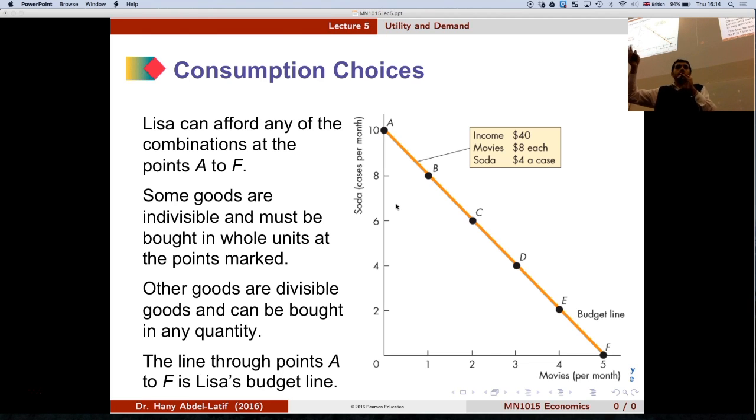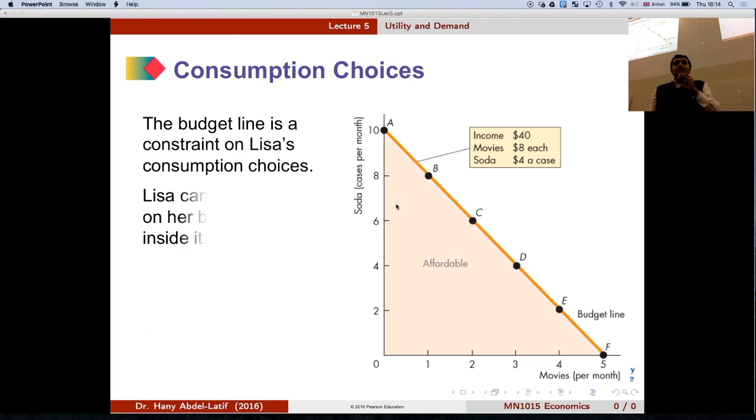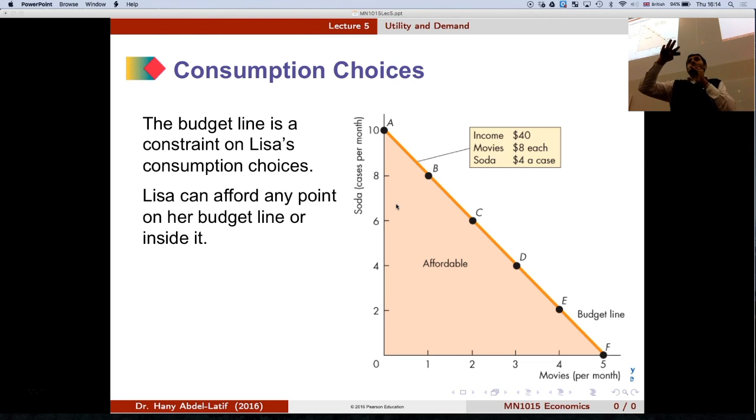So A, B, C, D, E, F, any point on that line will cost her the same. It will cost her all her income, so she can afford these points. So any points on that line or below that line are affordable. It's a combination of movies and soda that she can buy.